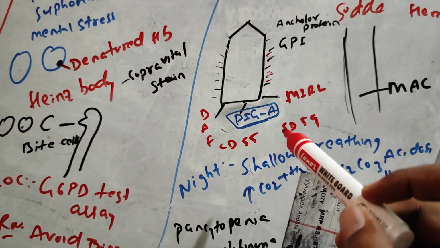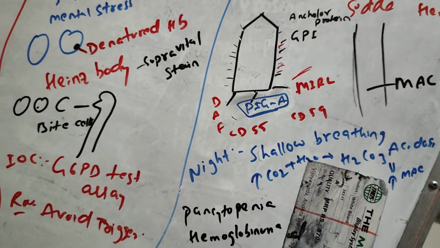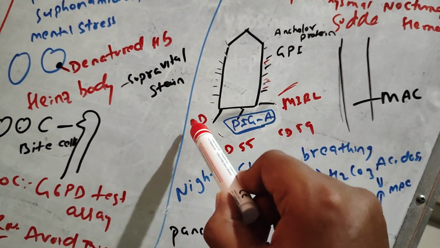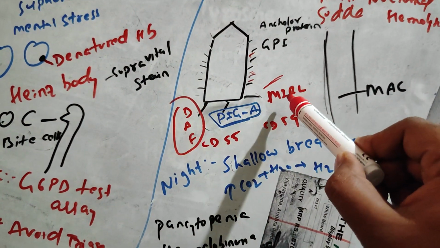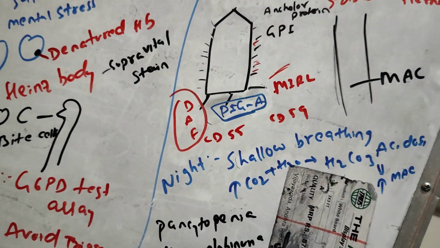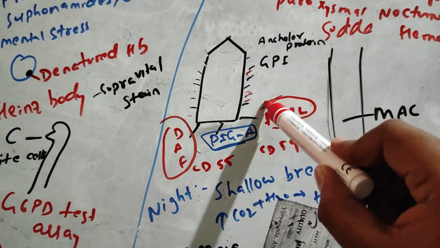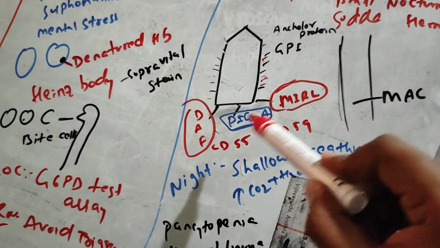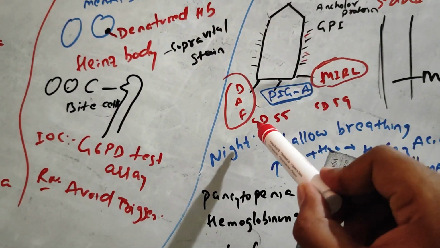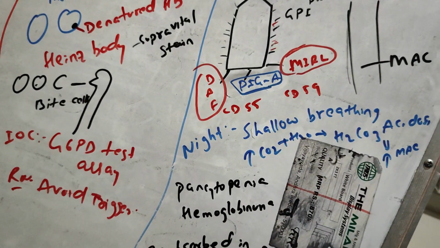There we have two things here: DAF and MIRL. These are the CD markers. DAF is CD55 and MIRL is CD59.